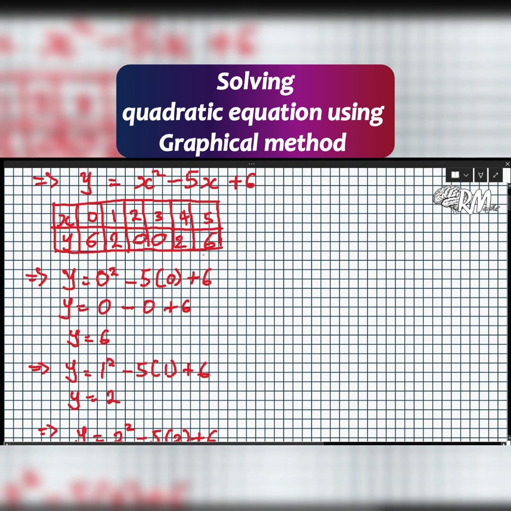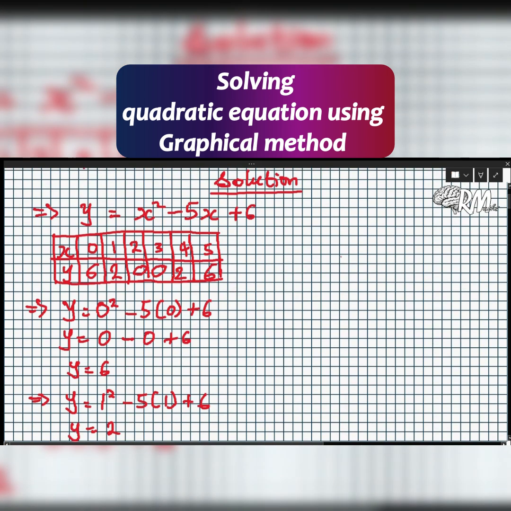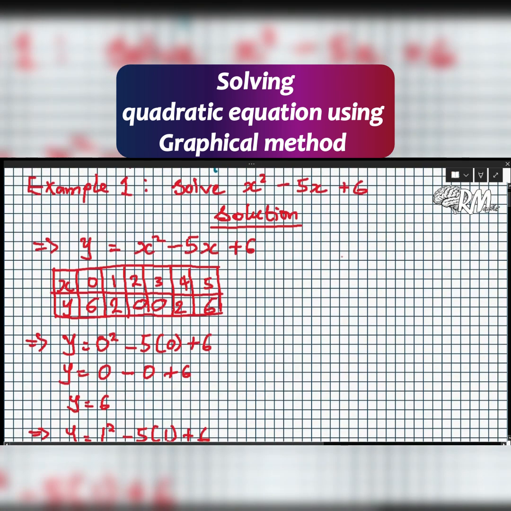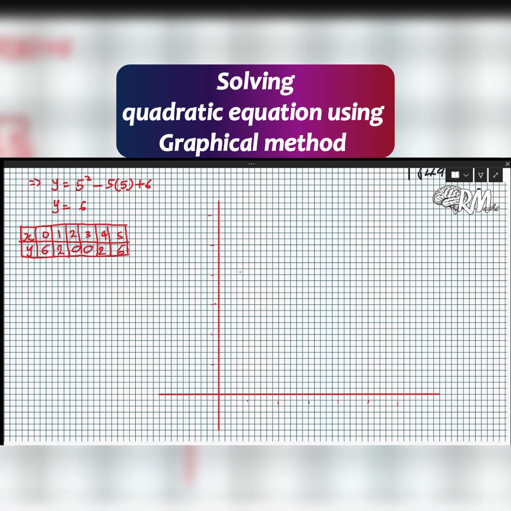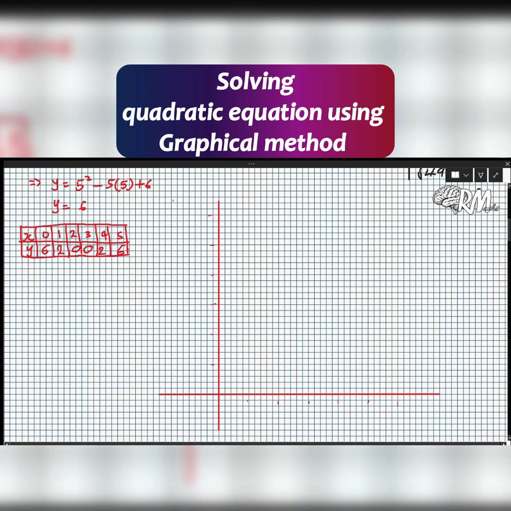Now our next point is for us to draw the graph. Now I'm going to try to draw this graph in this place so that we can see it. So first we are going to find our scale of the graph, and I have to do 5 boxes for 1 centimeter to represent 1 unit.